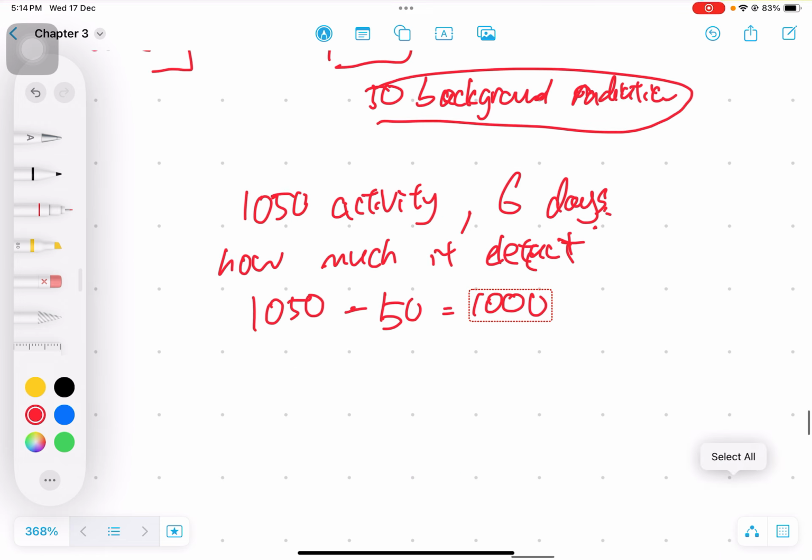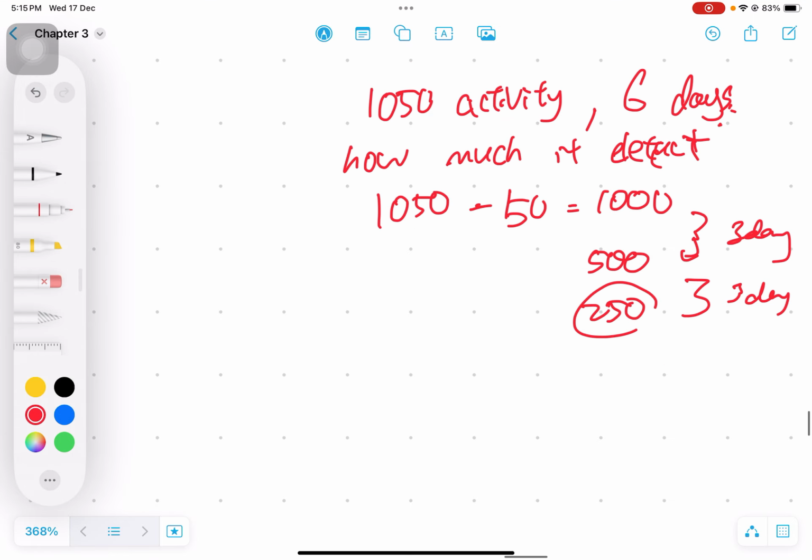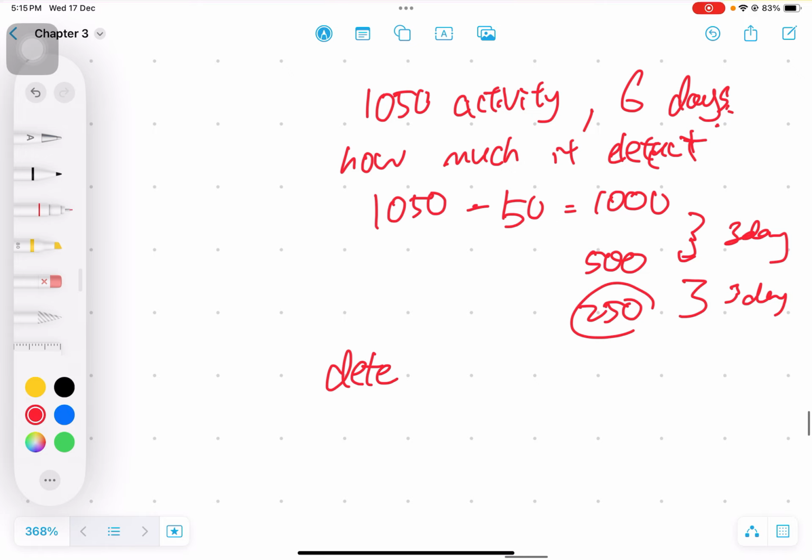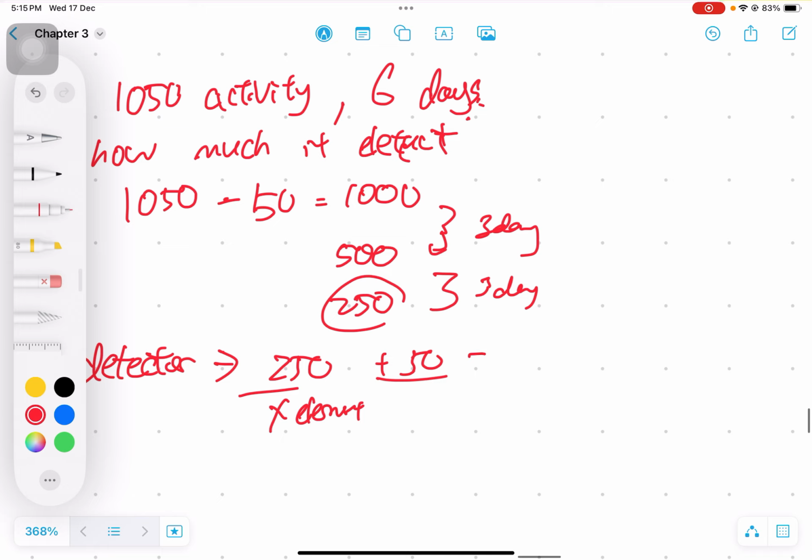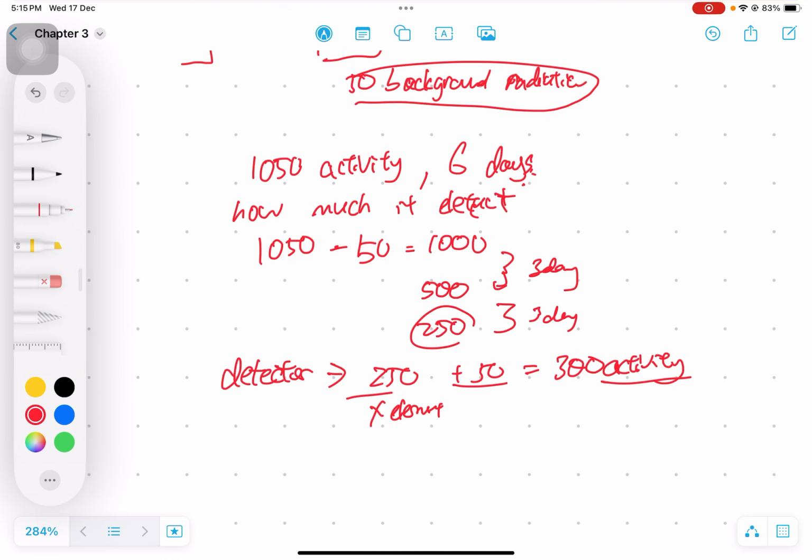So 3 days goes to 500, and another 3 days goes to 250. The detector will detect not only the source of element X, but also the background radiation of 50. So we need to add back the 50 to get the detector number. So it's 300 activity.